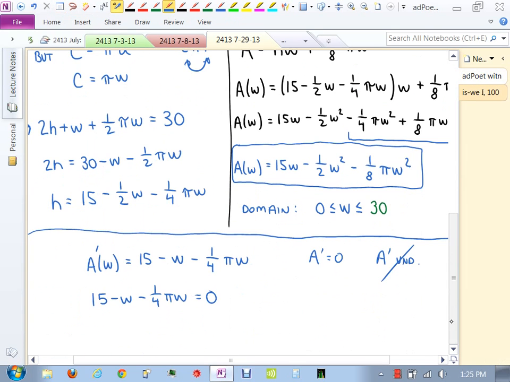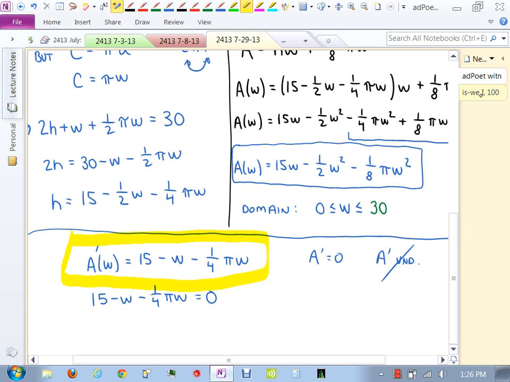So I've got to go back to the derivative, which is right here. Plug 1 into that. 15 minus 1 minus 1/4 pi. That's still a positive number, isn't it? Yes? 13. So it's positive, right? Now plug in 10. If you plug in 10, you'll get negative.